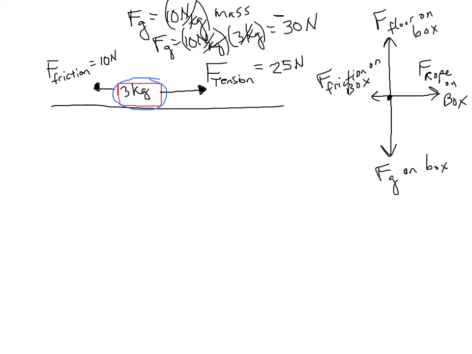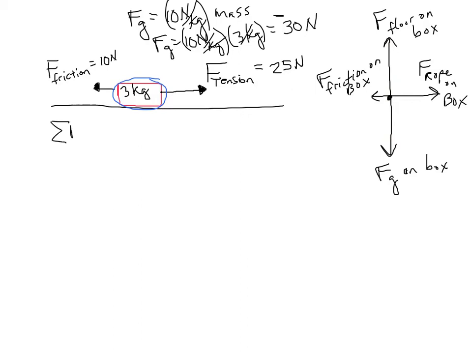Now, knowing that our gravity force is a negative 30, that tells us that the force of the floor on the box must be a positive 30, because we know that any object sitting on a surface like this that is not accelerating up or down is experiencing balanced forces. And so we would have the summation equal to 0 here in the y direction.